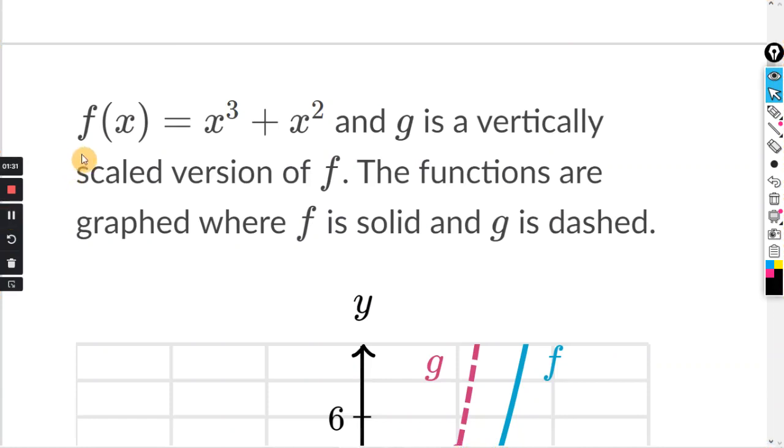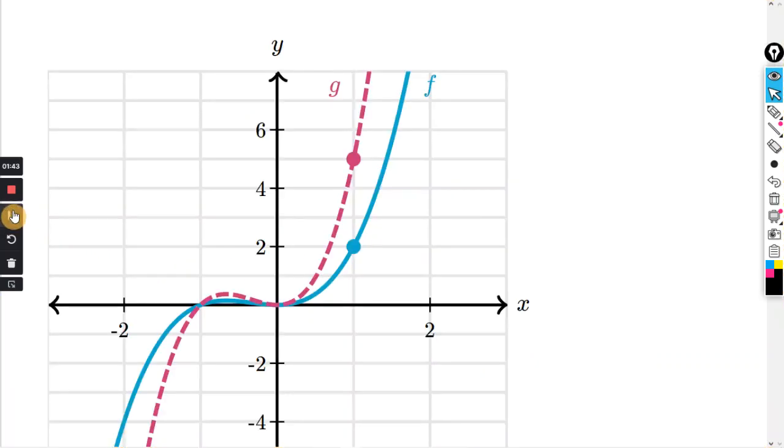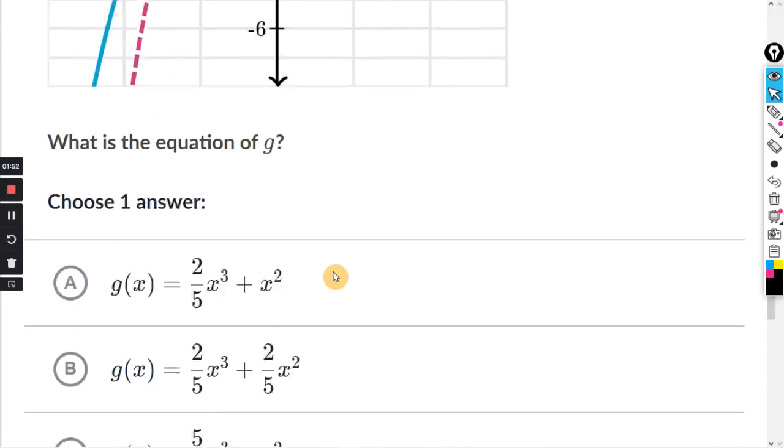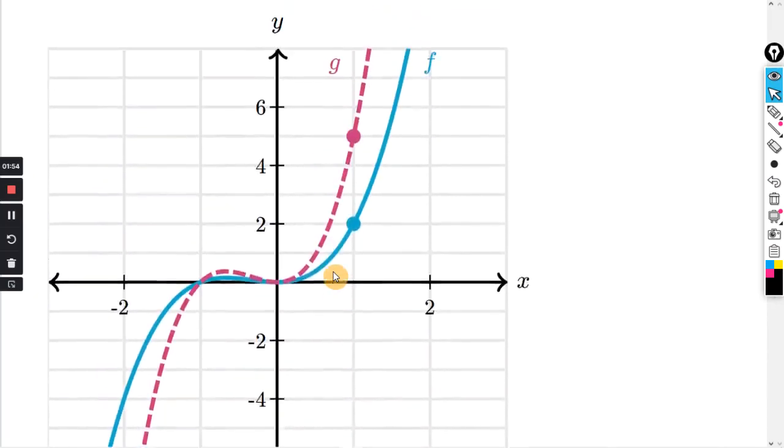All right, first problem, f of x is x to the third plus x squared, and g is a vertically scaled version of f. The functions are graphed where f is solid and g is dashed. So the one in blue is the original one, and the dashed line is the new one. They want to know what is the equation of g.